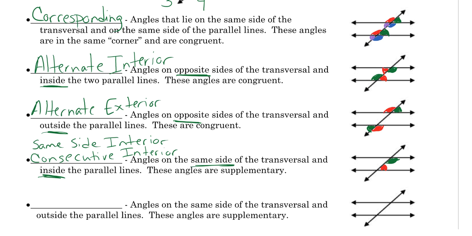So it's important to remember with consecutive interior angles, they are supplementary, which means that they add to 180 degrees. Okay, and then we can also look at the other set of consecutive interior angles, which would be right there.